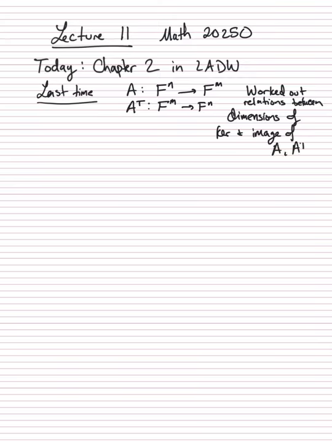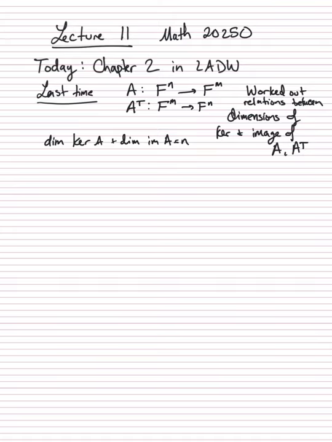The most important fact was the rank nullity theorem: the dimension of the kernel of A plus the dimension of the image of A is equal to n. And similar things for the transpose map.